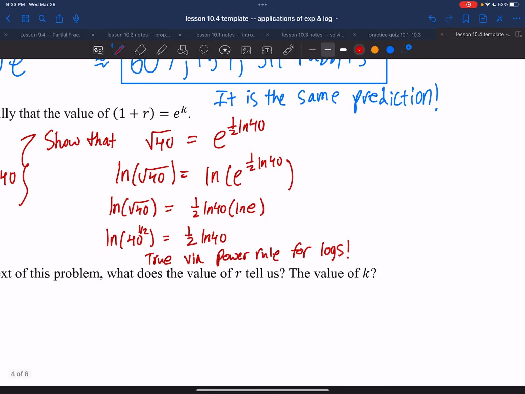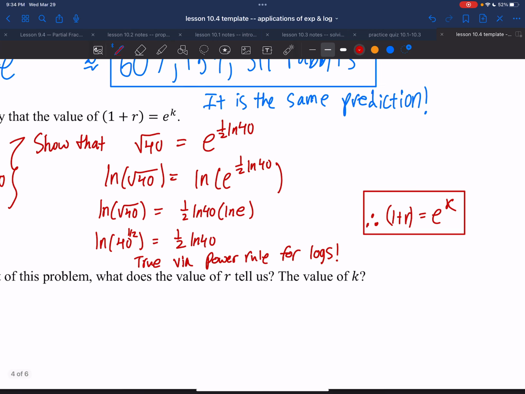So essentially what you can say is if you work backwards, you can go from here to here and then make the conclusion that they're equal. So I say, therefore, the value of 1 plus r equals e to the k.